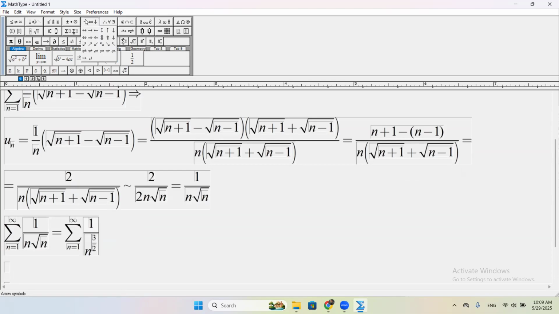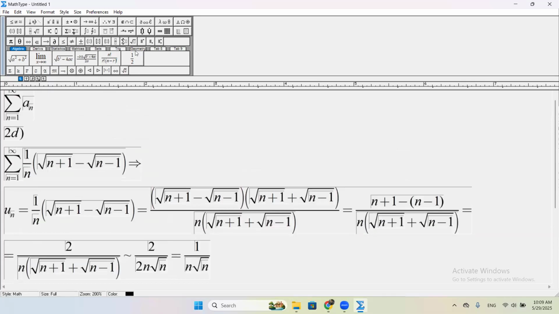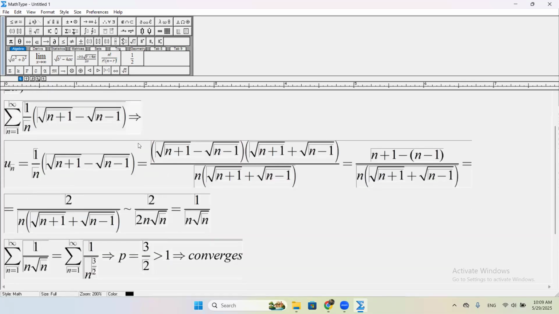And we can see that this power p equals 3/2, and it is greater than 1. So this generalized harmonic series converges. And it means that the initial series converges as well, according to the comparison test.